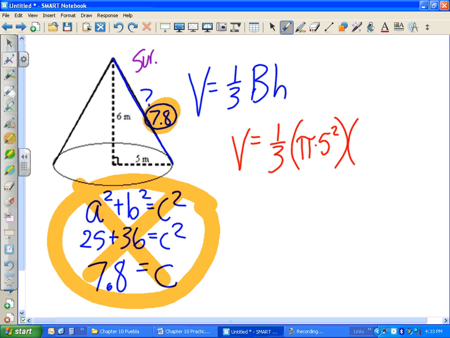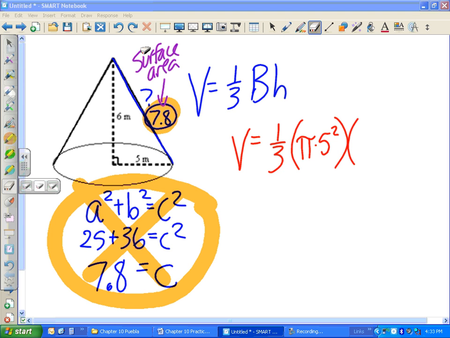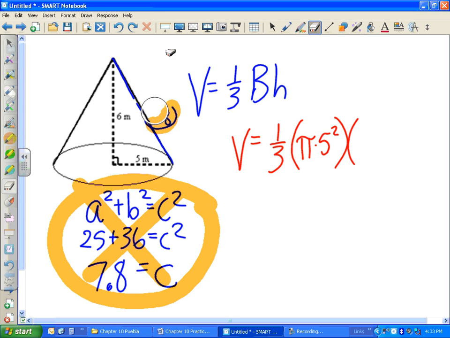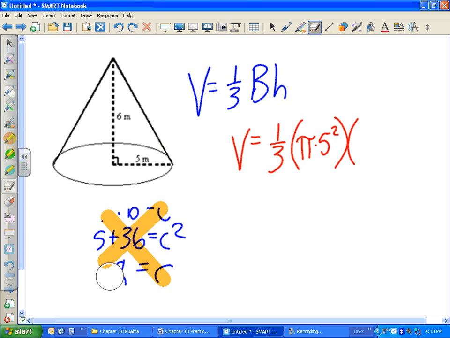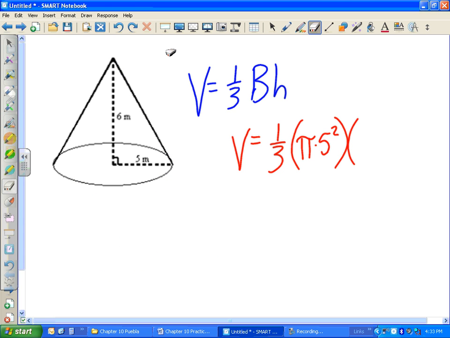So if I asked you for surface area, then you would need this. But because it's volume, what do you only need to know? Because it's volume, you don't need to know any of this. You don't even need to know surface area. You don't even know the slant height. You don't need any of this garbage right here I just wrote.